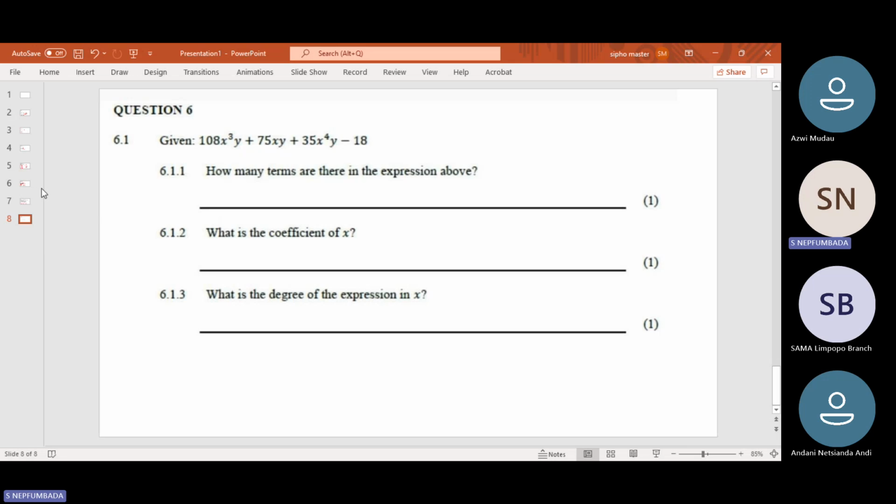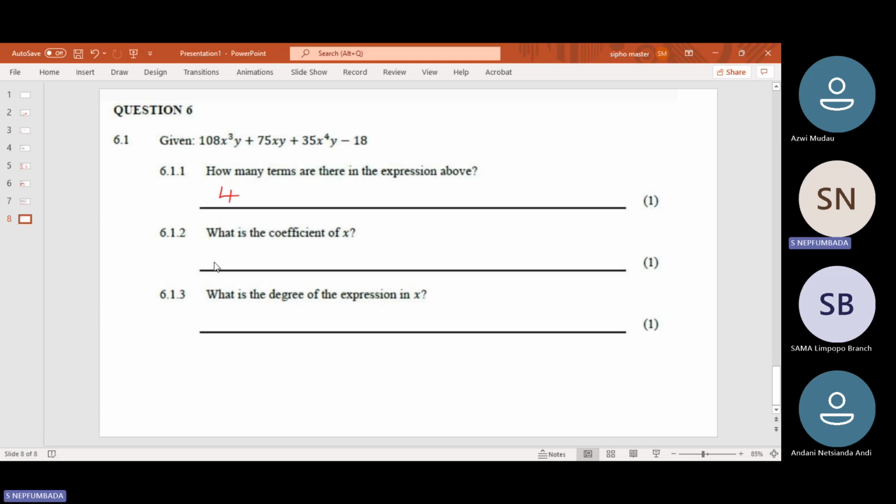The first question says what? First question is how many terms are there in the expression above? And you found how many? Four. Good.